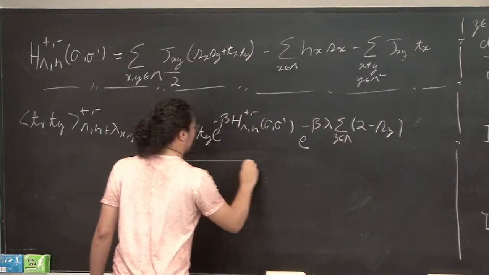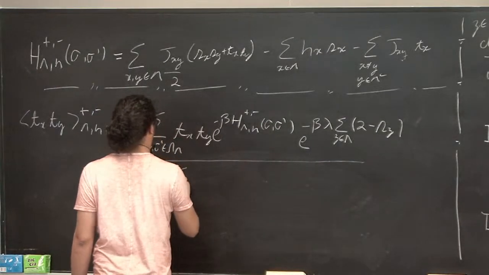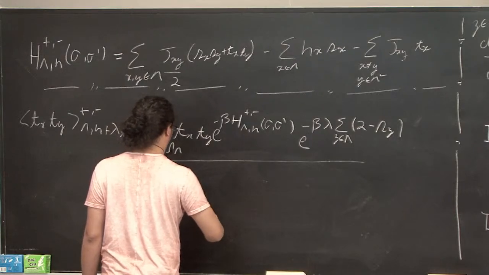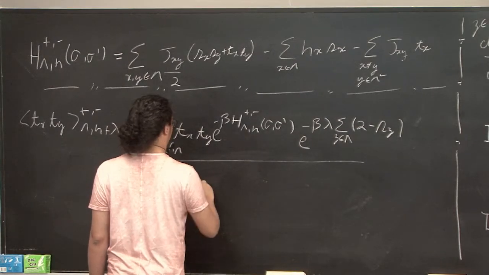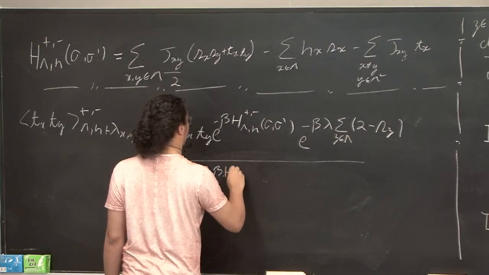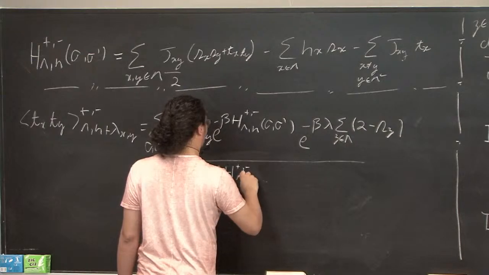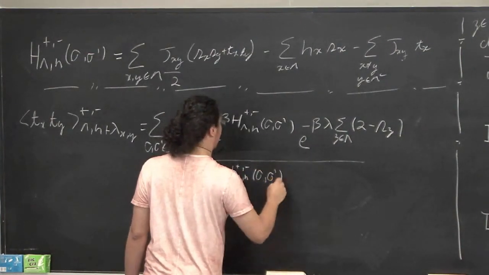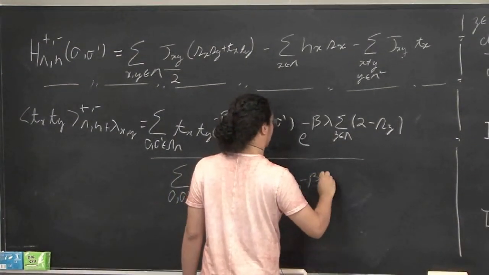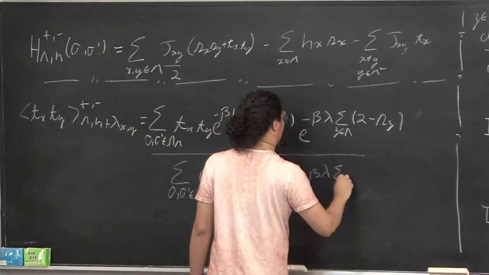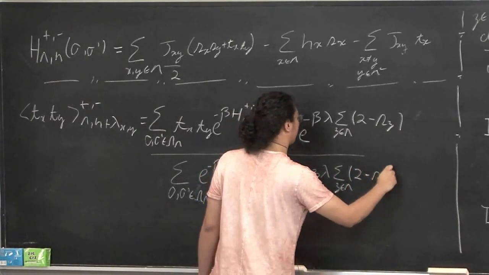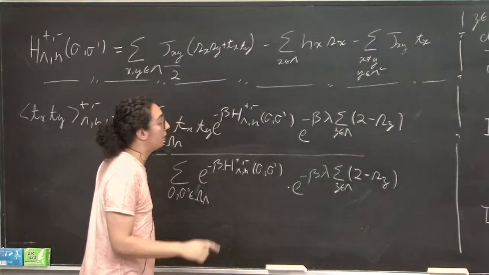And the partition function, the same thing happens: sum over sigma prime of omega lambda and exponential of minus beta h plus and minus lambda h sigma prime, and the same term, exponential of minus beta lambda sum over z of 2 minus s z.